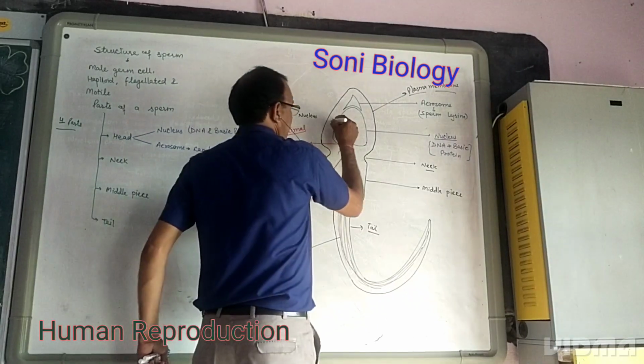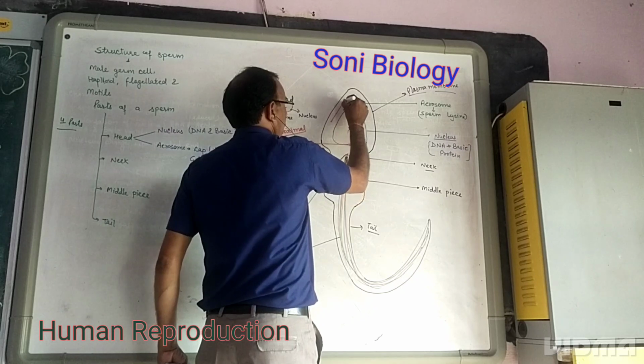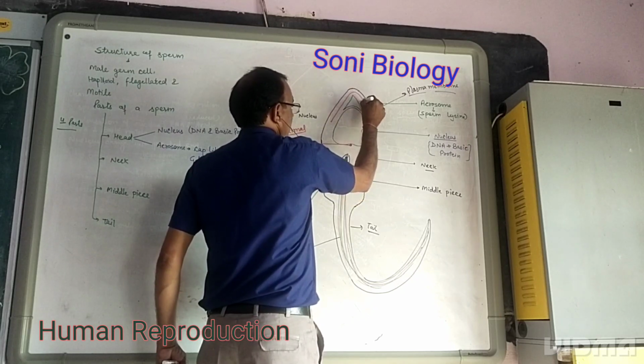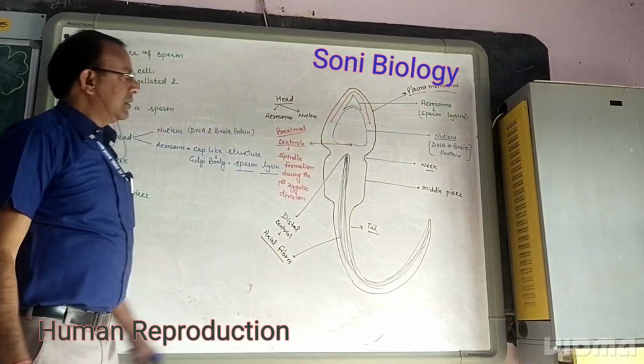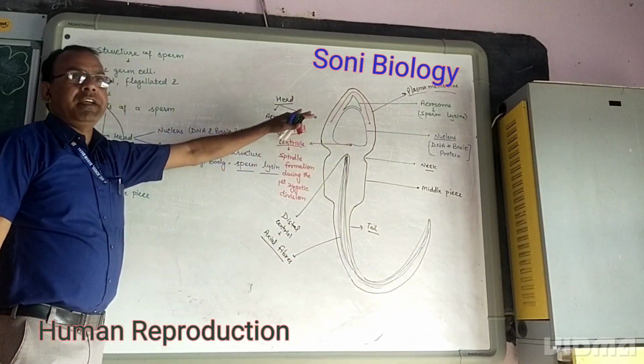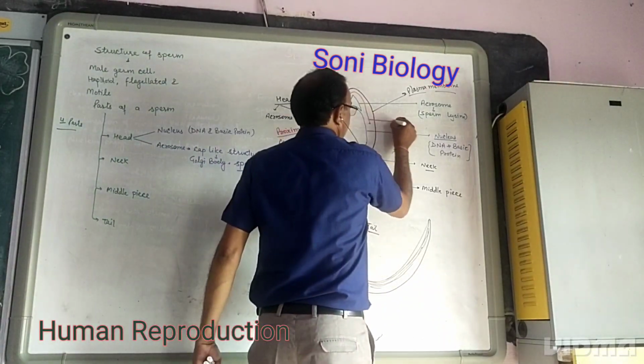One more membrane, from the middle of the nucleus, covers the whole acrosome to the middle of the nucleus. The half nucleus with a fully covered acrosome, this membrane is called glia.